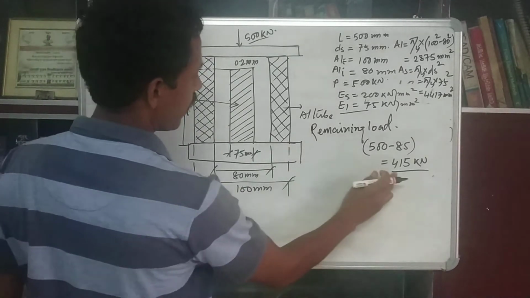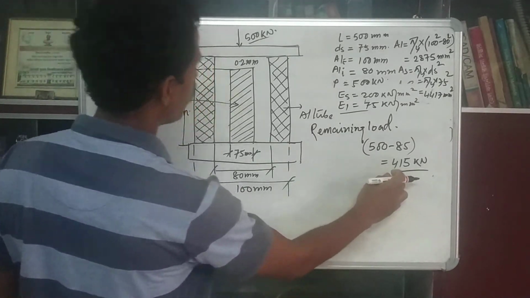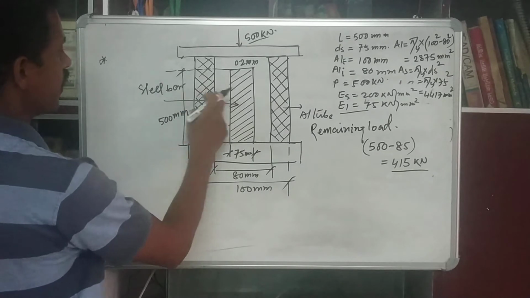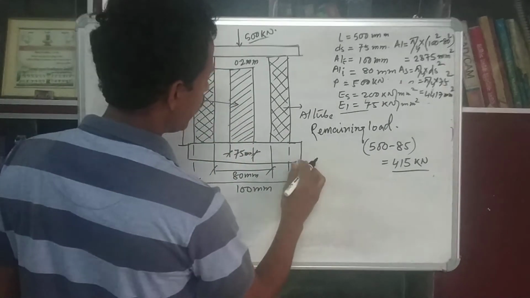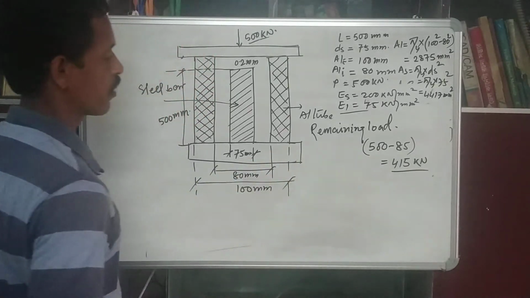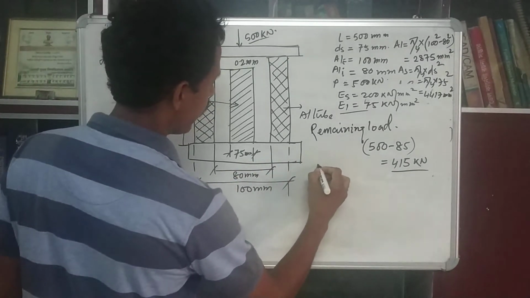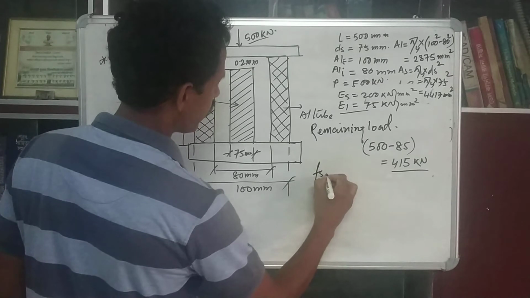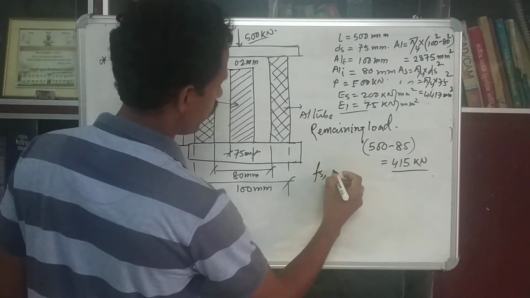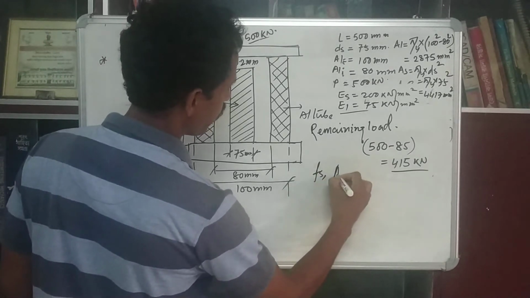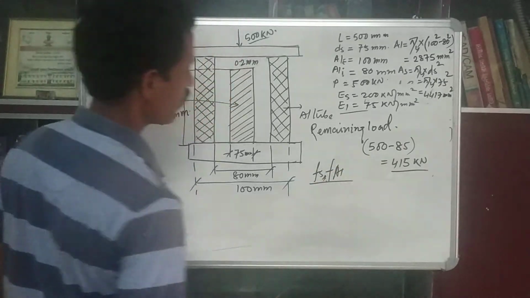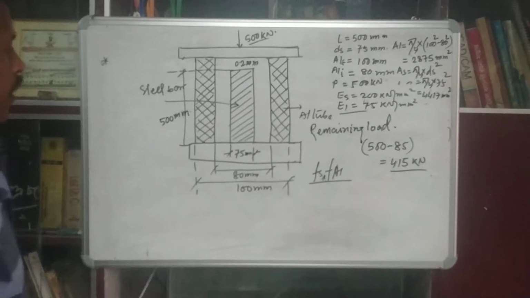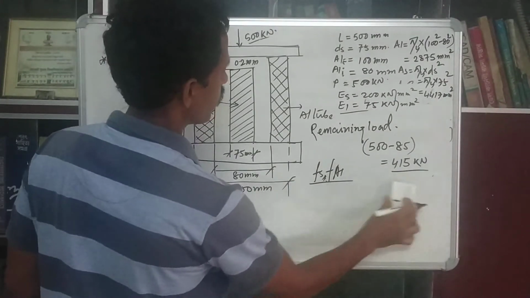Then we can find out the stresses Fs in the steel bar and Fa in the aluminum tube.